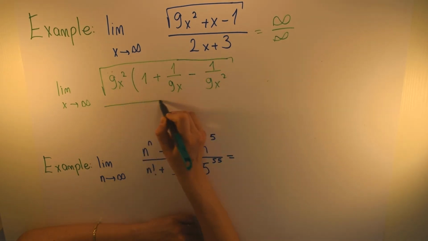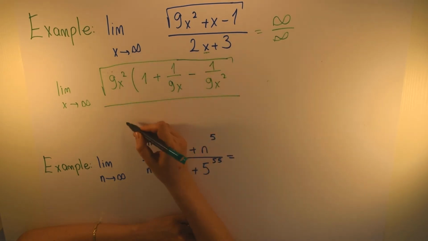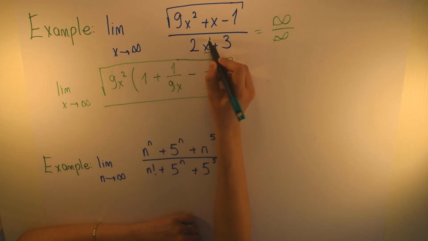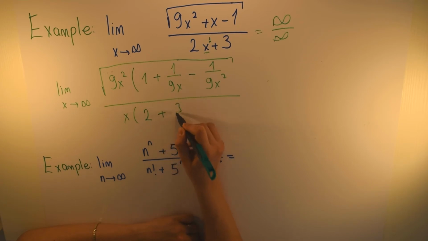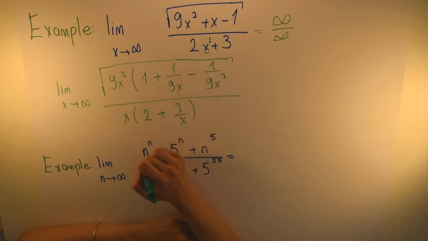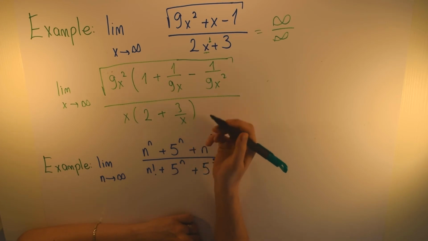Over here we have x as our highest exponent, x to the power of 1. So x in the parentheses times 2 plus 3 over x, right? When you multiply these two, you get 3.